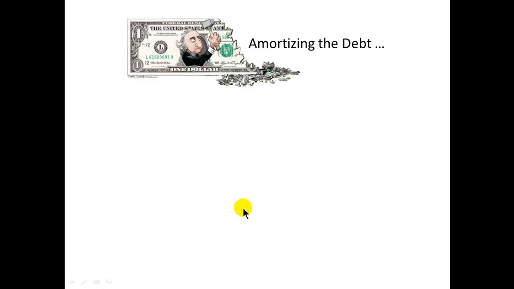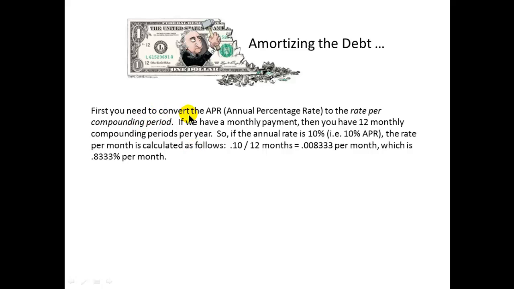Now, amortizing the debt. You've heard that term. What does it mean? How do we do it? First, you need to convert that APR to a rate per compounding period. So if we have a monthly payment, you have 12 monthly compounding periods per year. Very obvious.